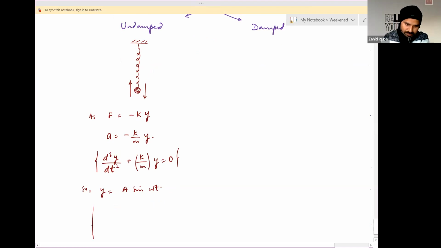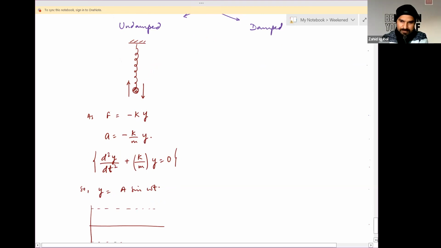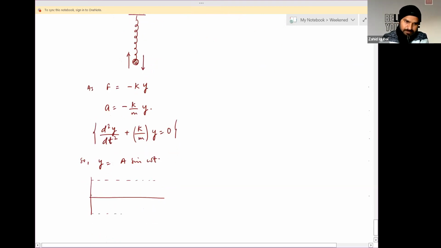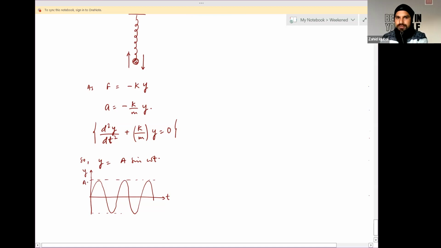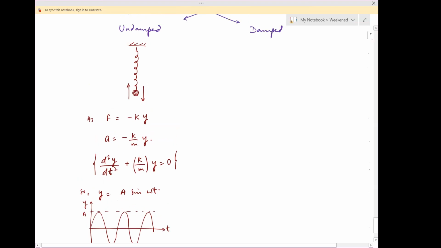So it will look like this: y versus t, amplitude remains constant at A. This oscillation is called undamped oscillation. Matthew, is it clear? Yes, sir.